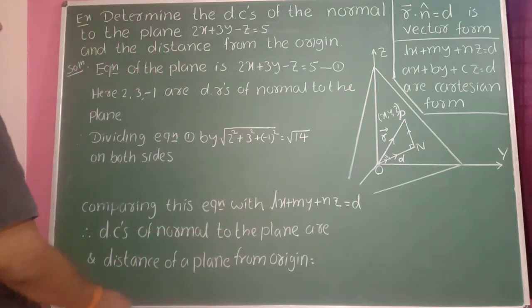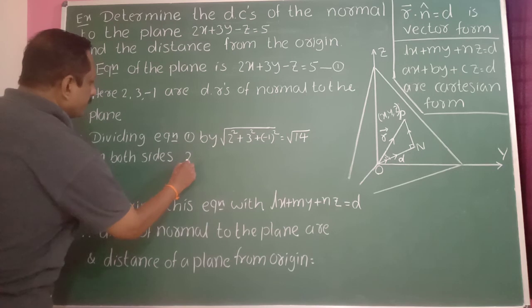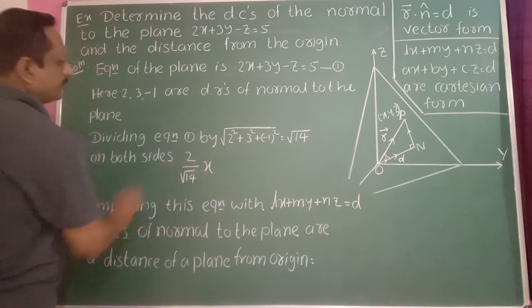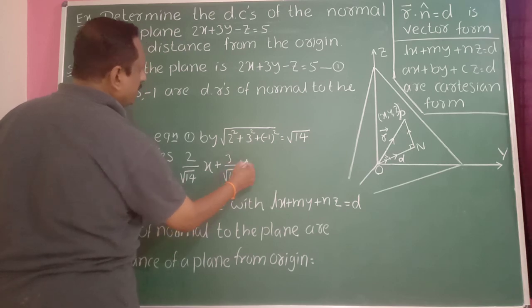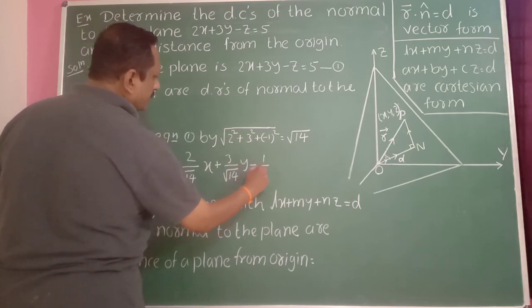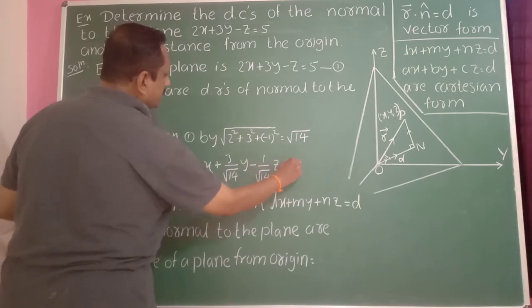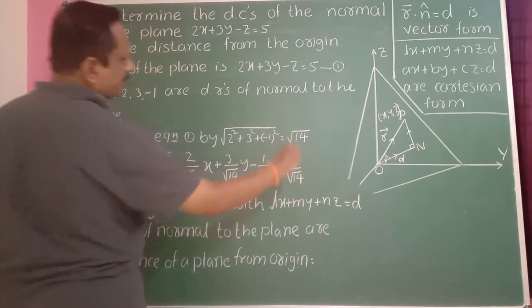Okay. Therefore, this equation can be written as 2 by root of 14 into x, 3 by root of 14 into y, minus 1 divided by root of 14 into z is equal to 5 divided by root of 14.